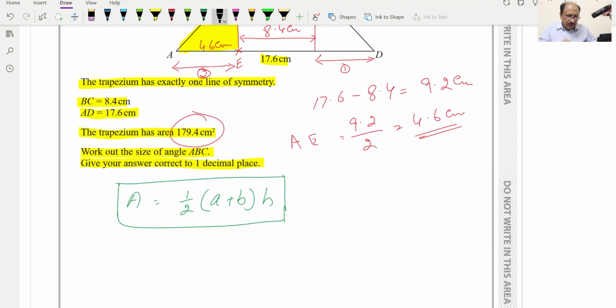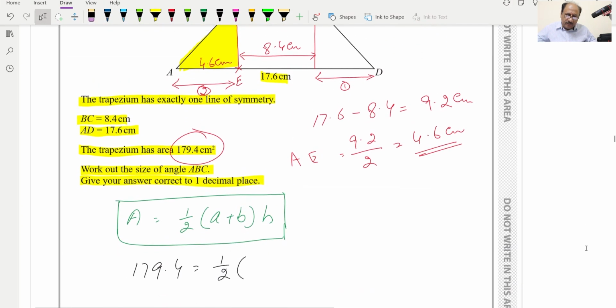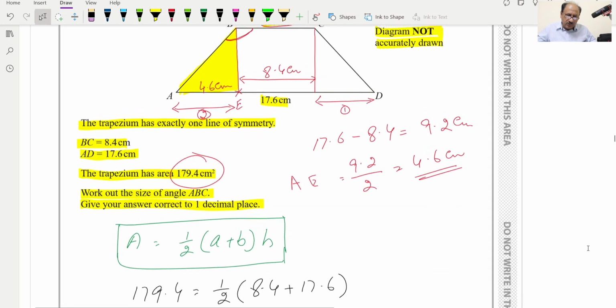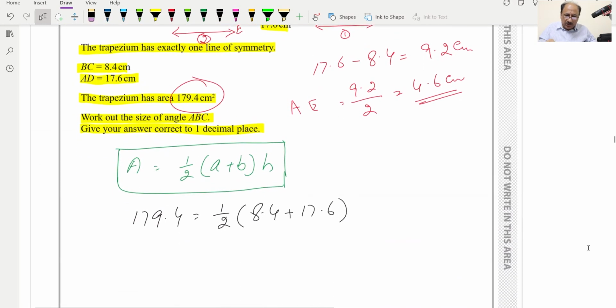So area is 179.4 is equal to 1 by 2 into parallel sides, which will be 8.4 plus 17.6, multiply by perpendicular height which we need to find, which is BE. So I will write BE. You can write H also, but I'm writing BE. Now we can calculate the value of BE.